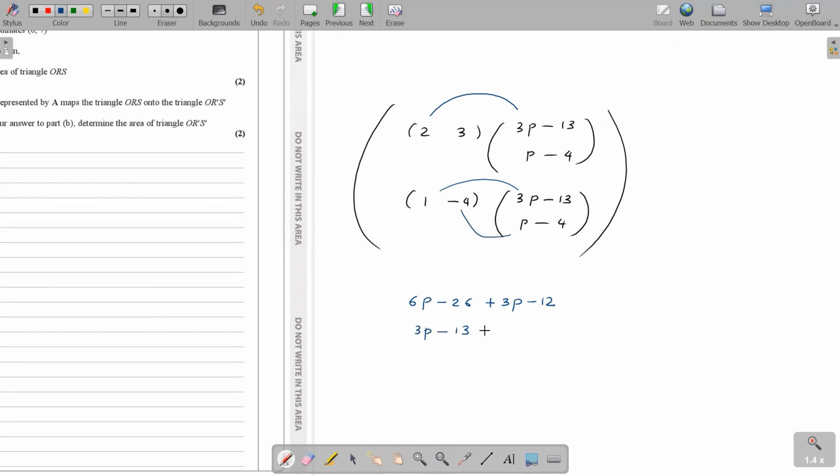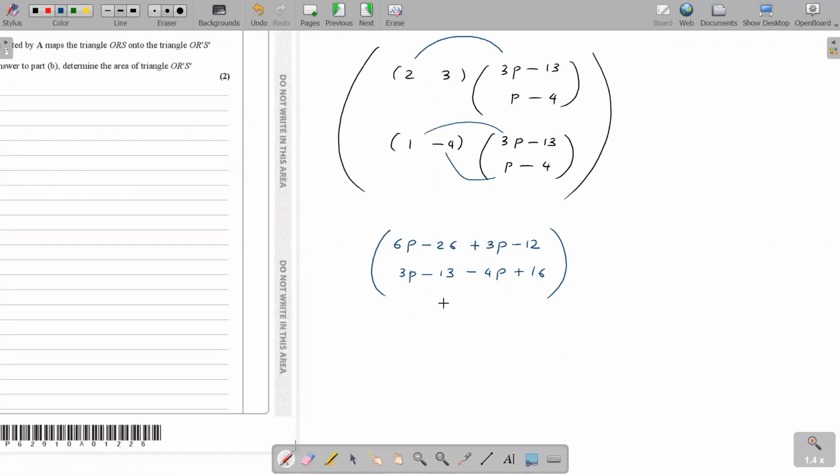Minus 4 into p minus 4 is minus 4p plus 16. So simplify, what do we get here? 6p plus 3p is 9p, minus 26 minus 12 is minus 38. 3p minus 4p is minus p, minus 13 plus 16 is plus 3.